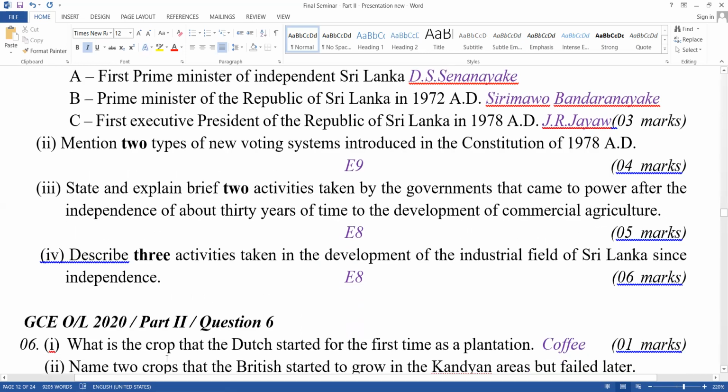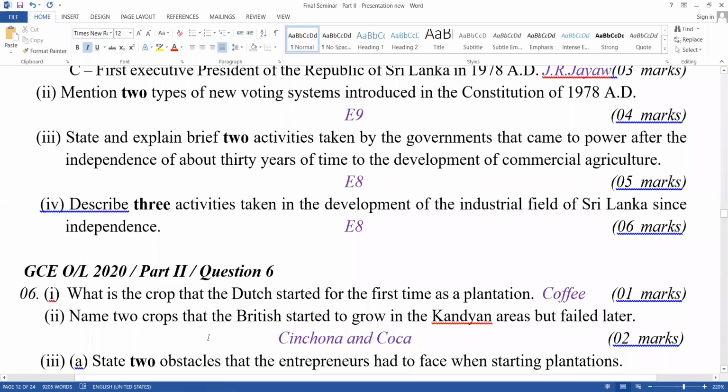2020. What is the crop that the Dutch started for the first time as a plantation? Coffee. Name two crops that the British started to grow in the Kandyan areas but failed later: corn and cocoa.